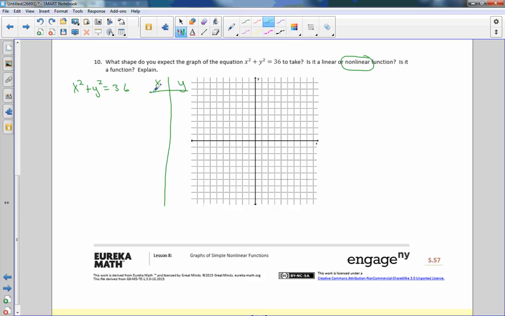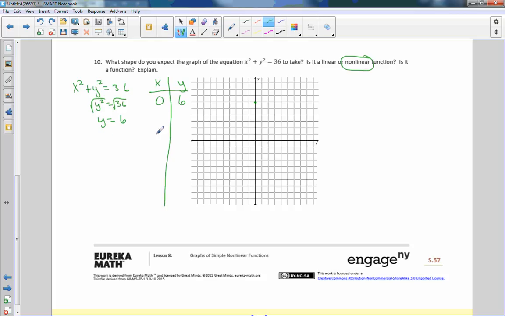Okay, so if I plug in 0 for x, that means y squared equals 36. And to find the answer, I have to take the square root of both sides, and I get y equals 6. Okay, so when x is 0, y is 6. So I go over 0, up 1, 2, 3, 4, 5, 6. I'm only going to do 4 points here, and you'll see what's going to happen.